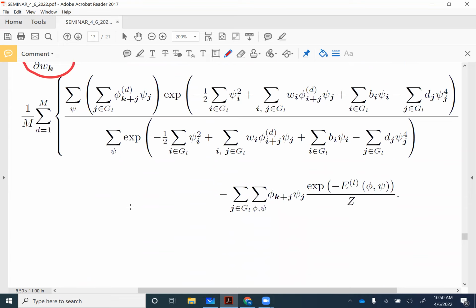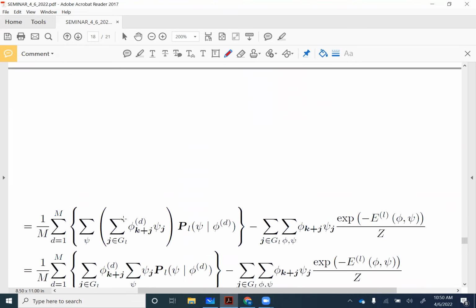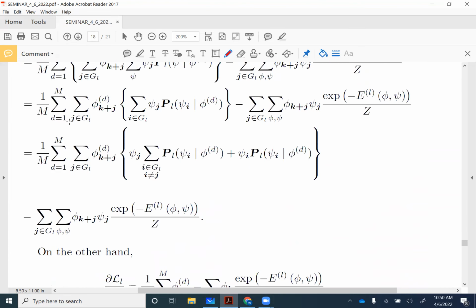This derivative is given by this expression. Now the next step is to implement the network and then test the network using real data. Right now, we are trying to do the implementation, and the next step is to test the network to see if the network can do something useful.